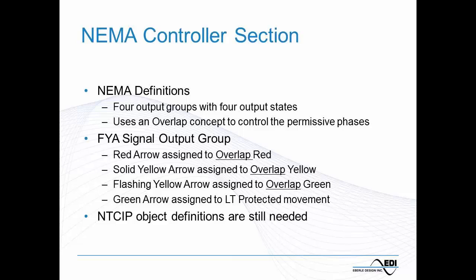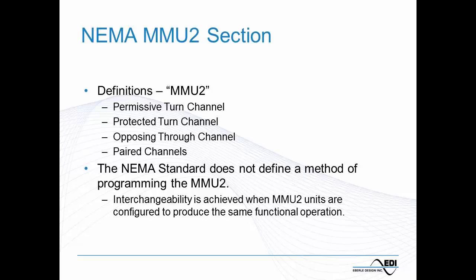So to keep the discussion clear, we have a number of terms we have to define. We're going to introduce the notion of paired channels here on the next slide, but we have a permissive turn channel. That's the flashing yellow arrow. A vehicle can turn left if there's a safe gap. We have the protected turn channel, which is the solid green arrow.